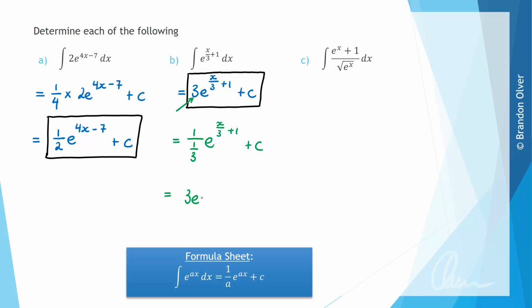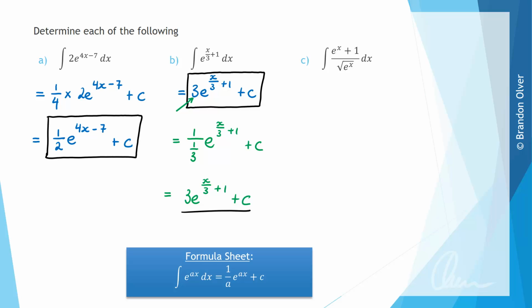So we have 3e to the power of x on 3 plus 1, plus c, which is the same answer as what we had in the box. If you understand that you're just multiplying by the reciprocal, you can go straight to the 3e to the power of x on 3 plus 1. Or if you want to follow the rule a little more explicitly, the green working there shows you how to do that.